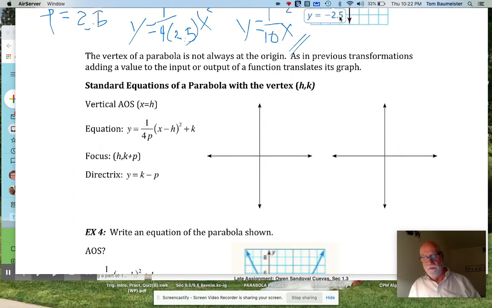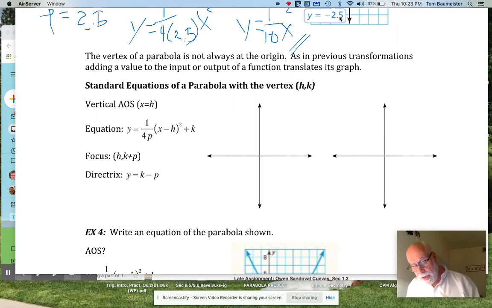All right, so the vertex of a parabola is not always at the origin. As in previous transformations, adding a value to the input or the output of a function translates its graph. So the standard equation of a parabola with the vertex at h, k and a vertical axis of symmetry: the axis of symmetry is going to be x is equal to h.